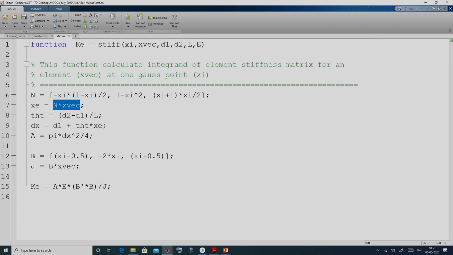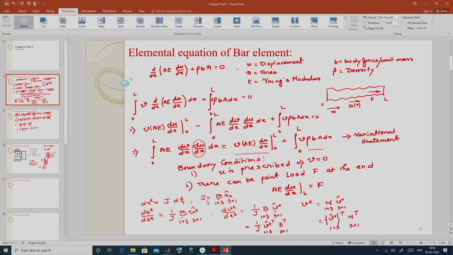This is the B matrix at that Gauss point, and finally, this is the expression of the Jacobian. Jacobian is B xc hat. This xc hat is our x vec. So, B x vec.